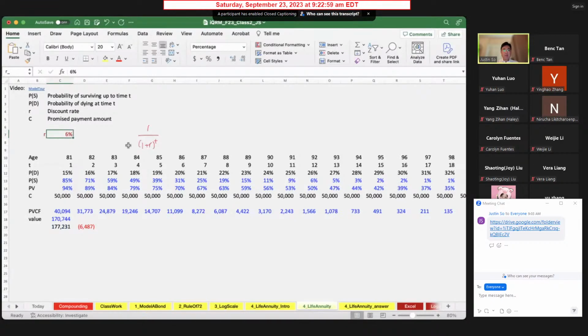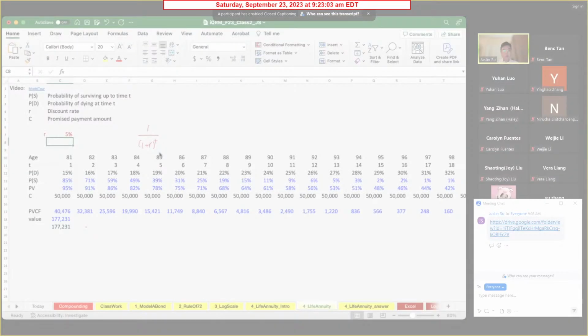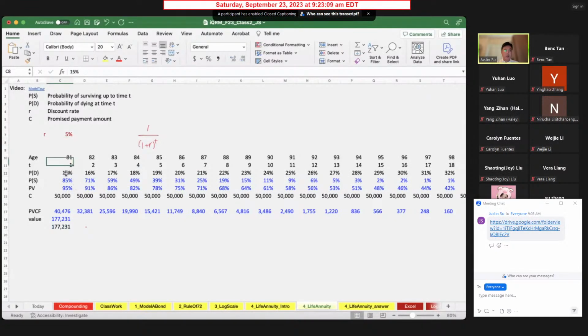So back to 5%, right? We don't want to change everything. You can change everything and then show, but starting from the base case, what we're changing here is probably death, we added manually 1%. So there are multiple ways of doing that.